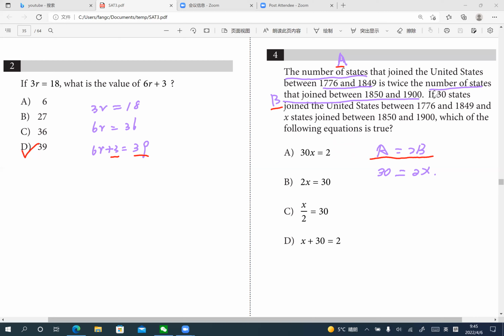The next sentence tells us 30 states joined between 1776 and 1849, which means A equals 30, and x states joined between 1850 and 1900. So we can have our expression: 30 should be equal to 2 times x, where x represents the number of states joined between 1850 and 1900. So we should choose option B, 2x equals 30.